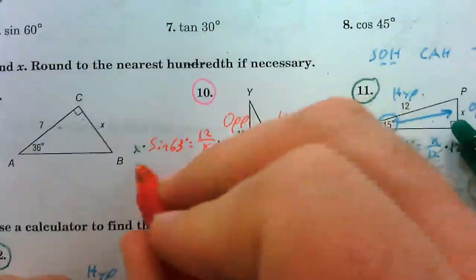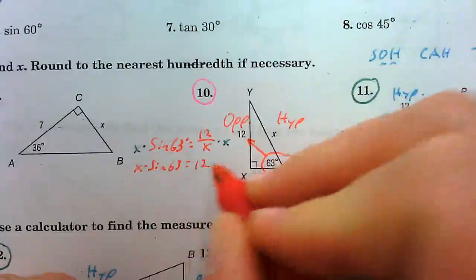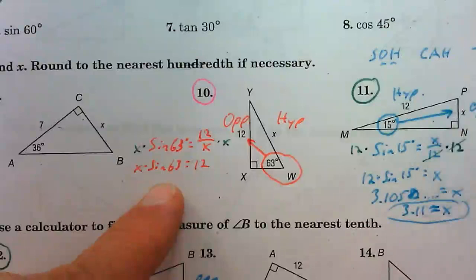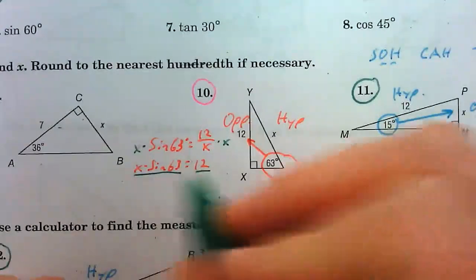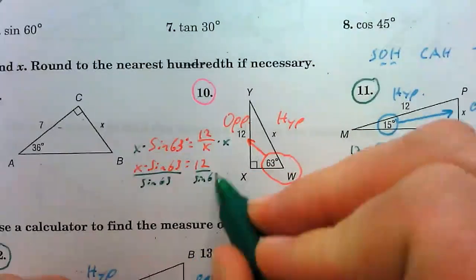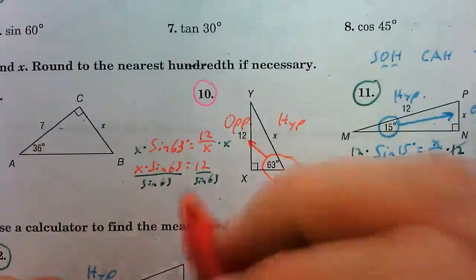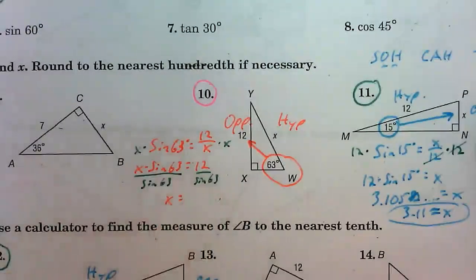But we're not done, because now we have x times sine of 63 equals 12. We need x by itself. Again, this is all algebra now. We got to get this over to the other side. So divide off sine of 63. And you get your answer, which you can plug into the calculator.